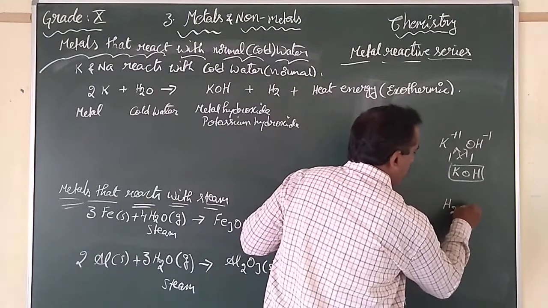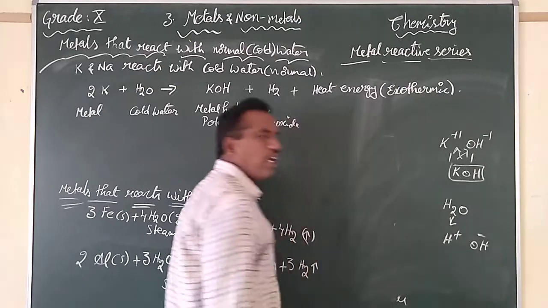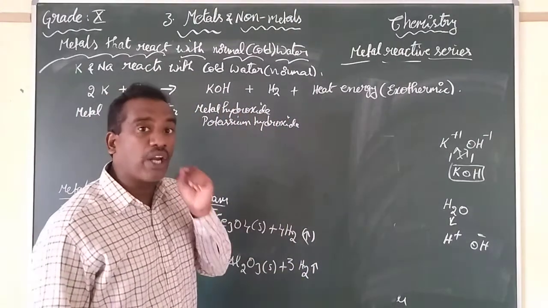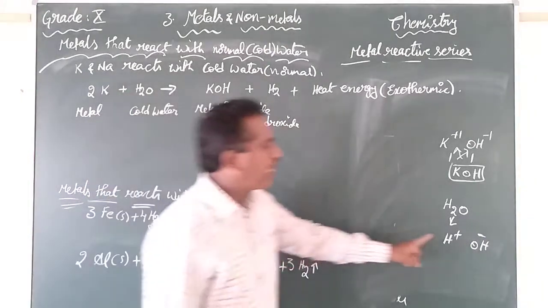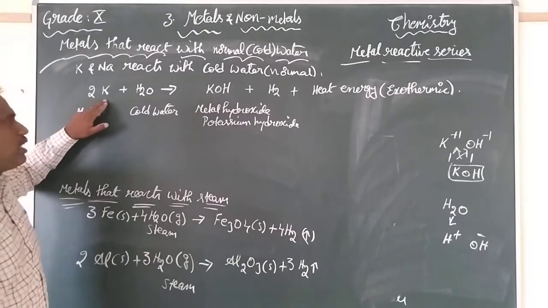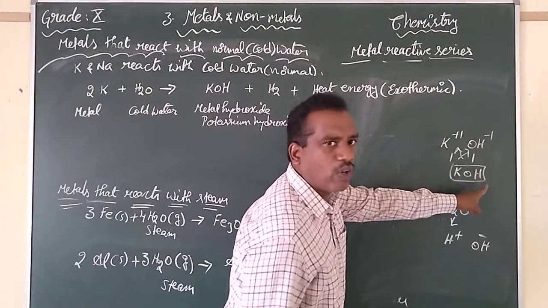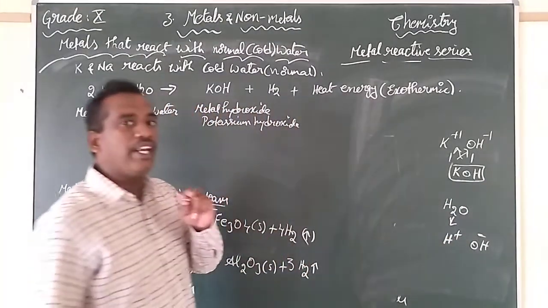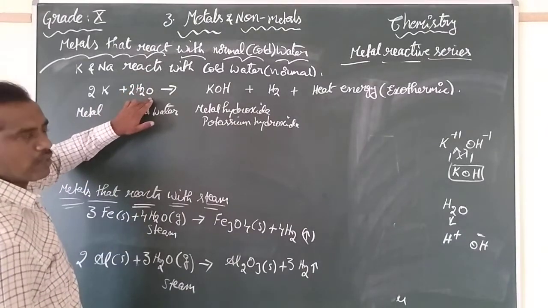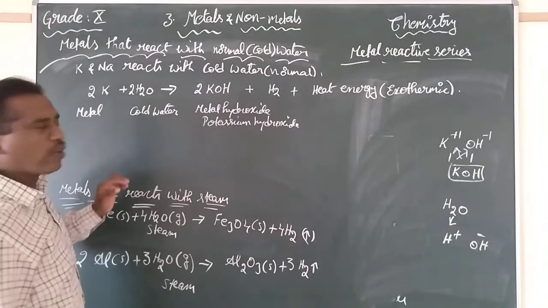Our water generally gives H plus ion and OH minus ion, meaning from one water molecule we get one hydroxide ion. How many potassiums have I chosen here? 2 potassiums. For one potassium we will need one hydroxide, for 2 potassiums we need 2 hydroxides. So we are using 2 moles of water. In the product we will have 2 moles of potassium hydroxide.